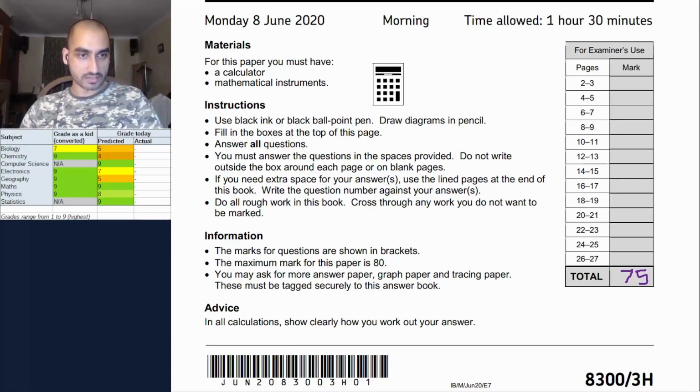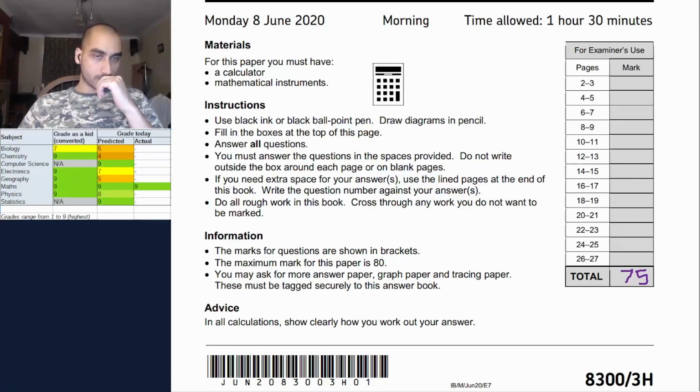At least in 2021, 192 was the top grade boundary. And I got 226, so that's definitely, without a doubt, a 9, I guess. All right. There we go. That's maths done.